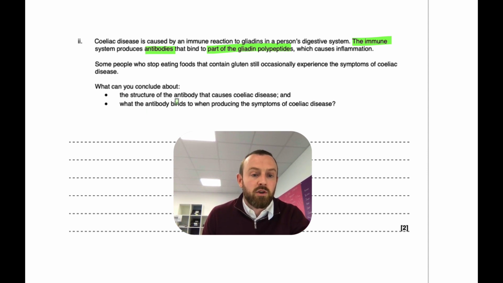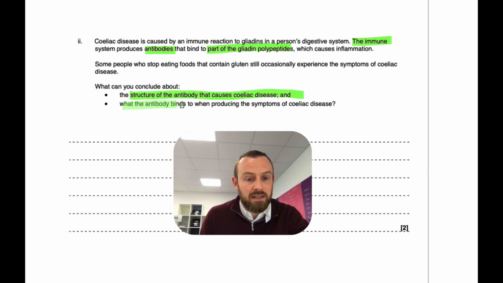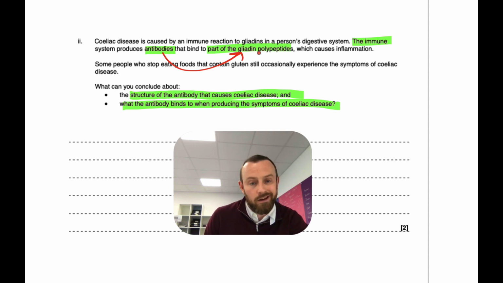So what can you conclude about the structure of the antibody that causes celiac disease and what the antibody binds to when producing the symptoms of the celiac disease? Well, basically, we know that the antibody normally binds to the part of the gliadin polypeptide, but it can also bind to other things, because even if you stop eating gliadin, bread basically, sometimes the antibody binds to other stuff.